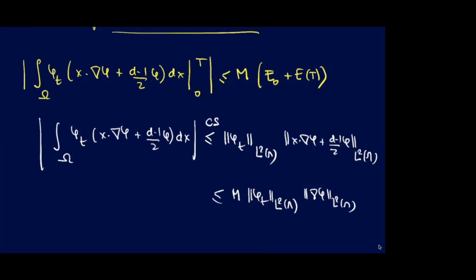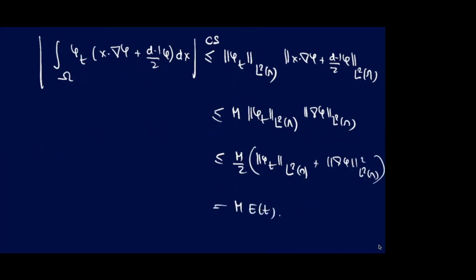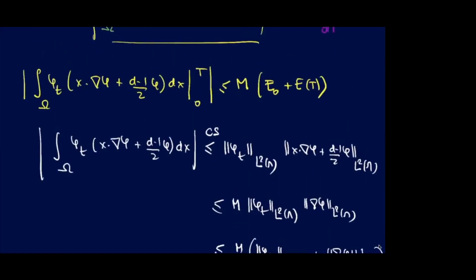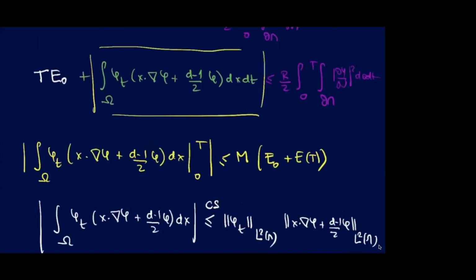And this is, of course, smaller than phi t squared plus the gradient phi squared. And this is precisely m times E of t. So you see, this cross term that I get as remainder in this identity is always smaller than the energy with the same m, whatever the time is.